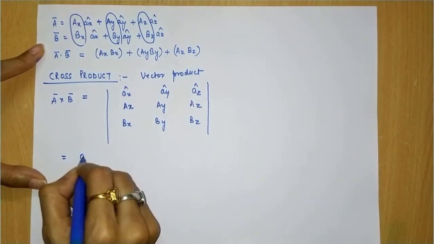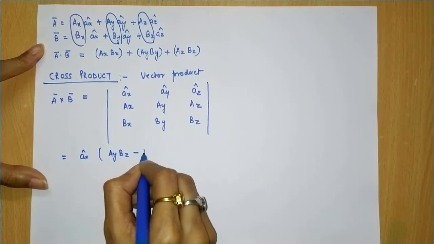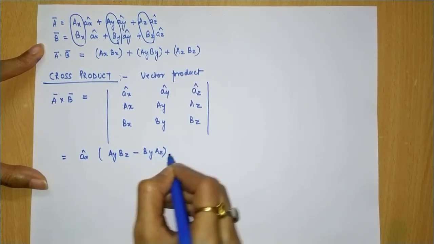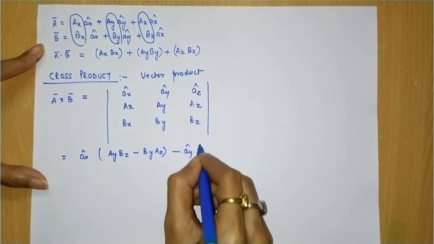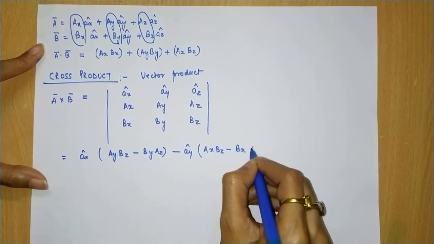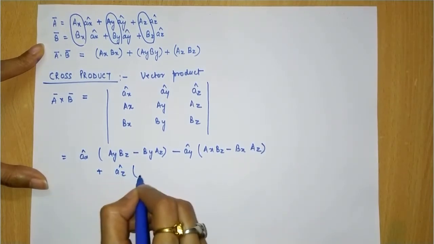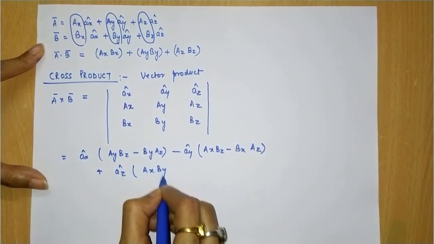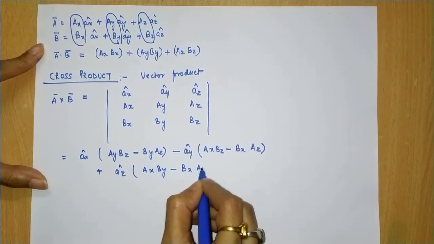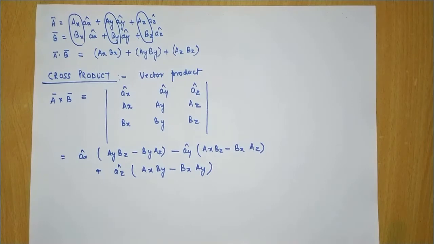This will come out as ax cap (ay bz minus by az) minus ay cap (ax bz minus bx az) plus az cap (ax by minus bx ay). As we see, it is resulting in a vector quantity, that is, it will have a certain direction.